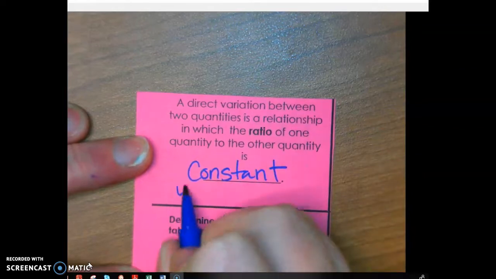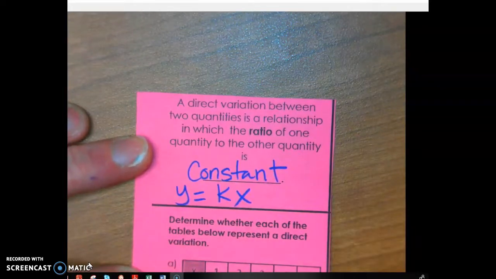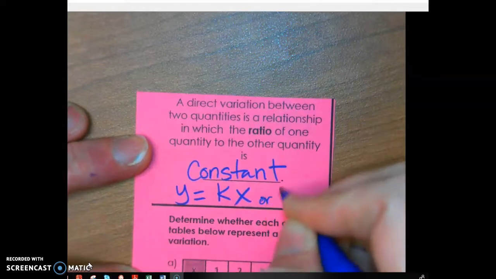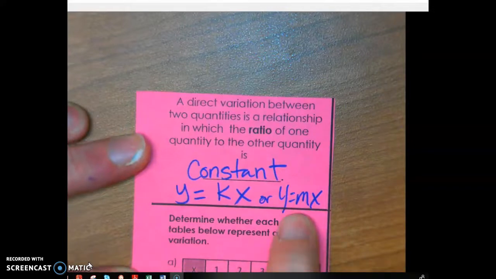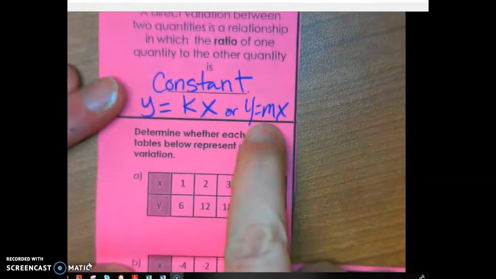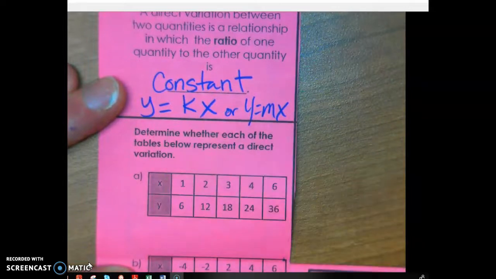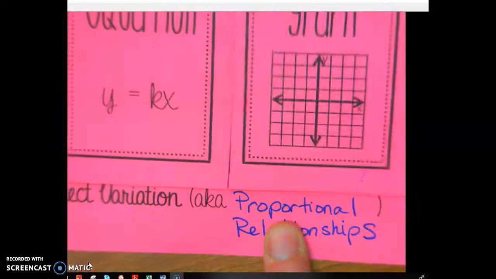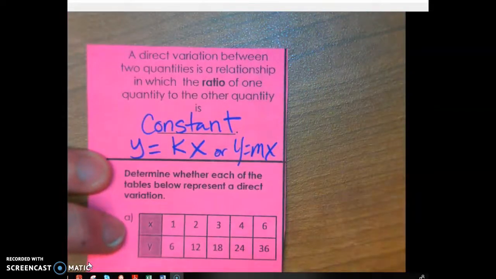We're looking at y equals kx, or y equals mx. That m is slope. This k is called the constant of proportionality. Notice we just wrote proportional. Proportionality, constant of proportionality. See how all these words work together.